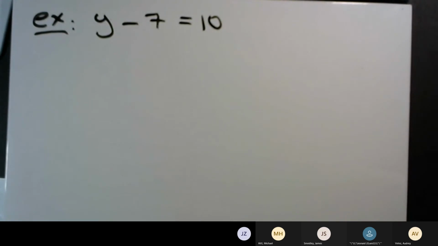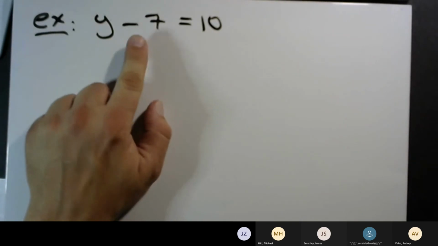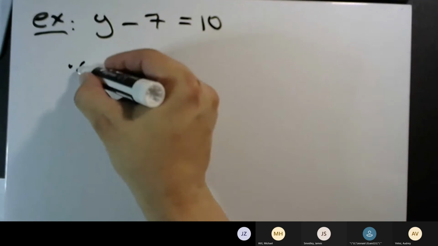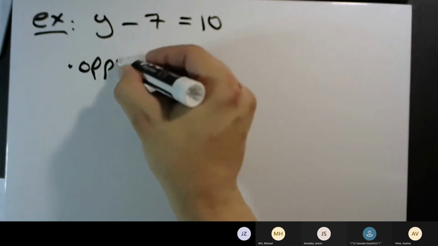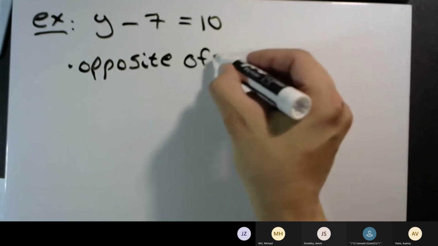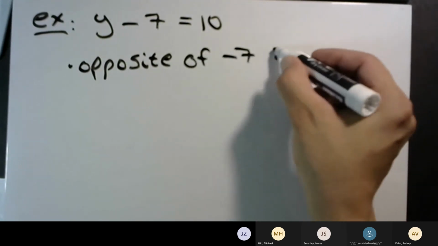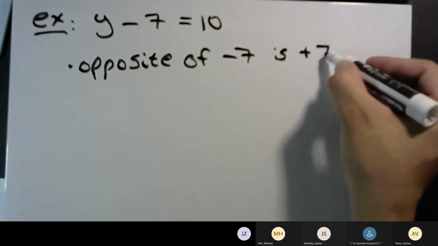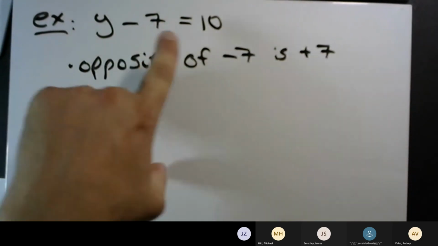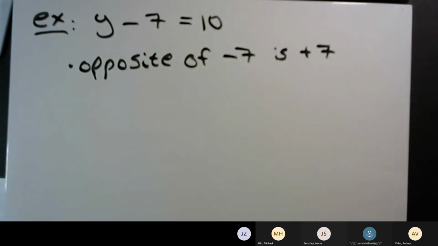We have y minus 7 equals 10. So we want to cancel a minus 7, or subtraction of 7. So the opposite is adding 7. The opposite of subtracting is adding.